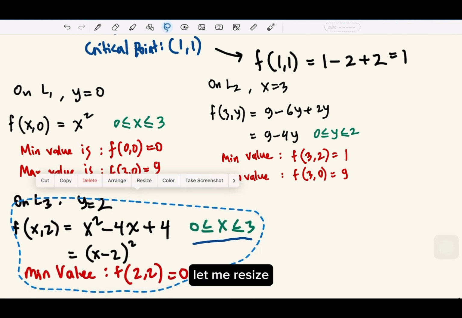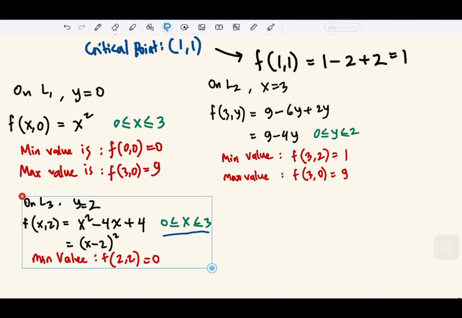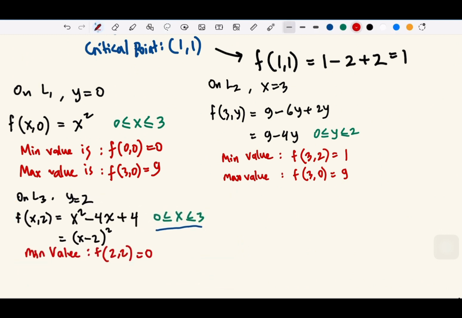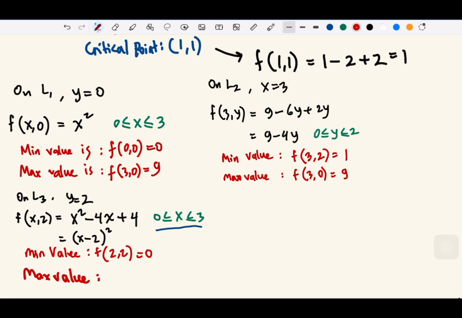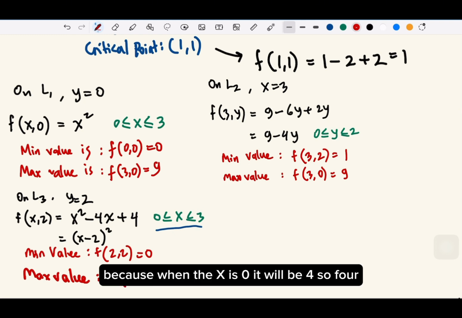Let me resize. And then the max value is f(0, 2), because when x is 0, it will be 4.